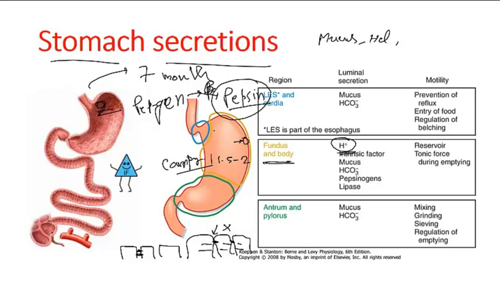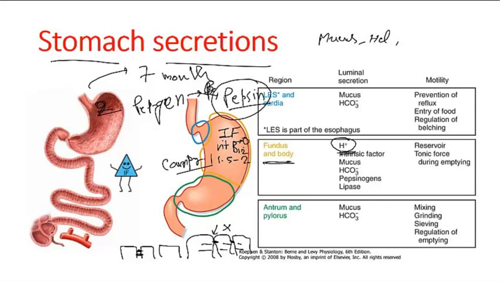Now the parietal cells start secreting another factor known as IF, or intrinsic factor, which is also required by the intestinal cells to absorb vitamin B12. If we don't have intrinsic factor released properly in our stomach, vitamin B12 absorption will be halted.